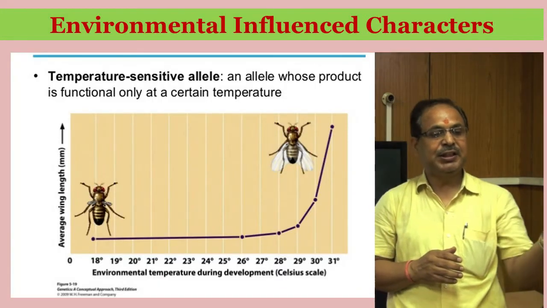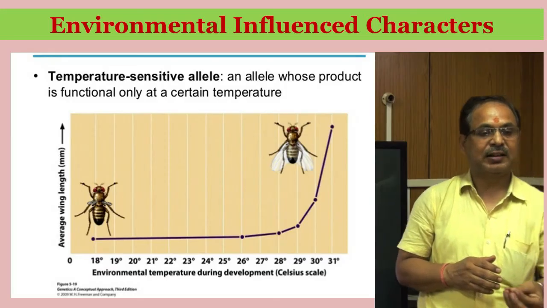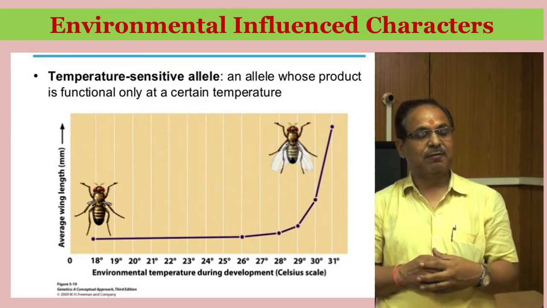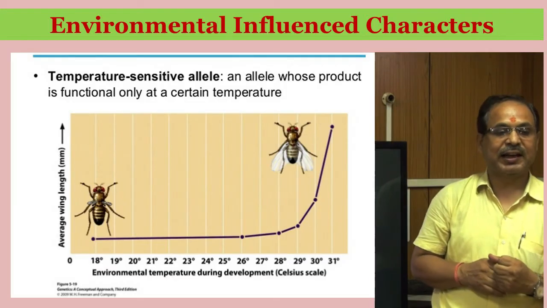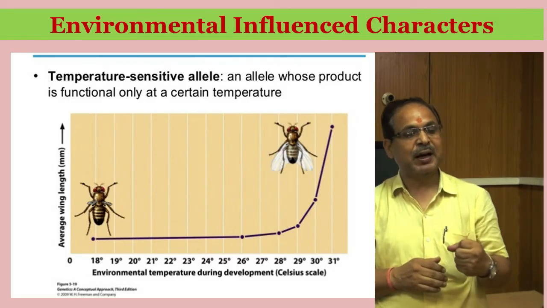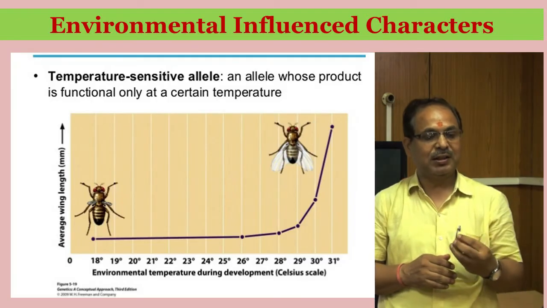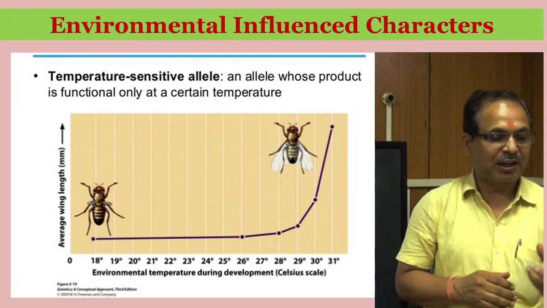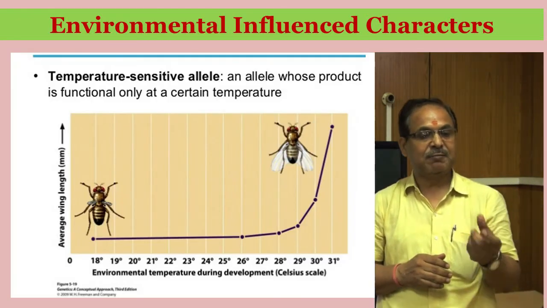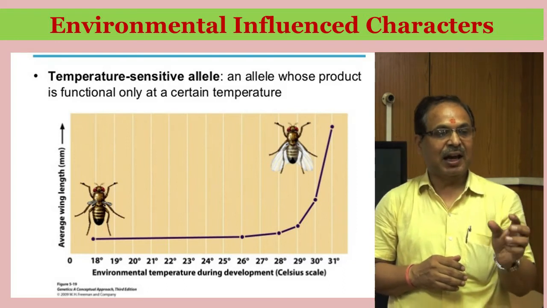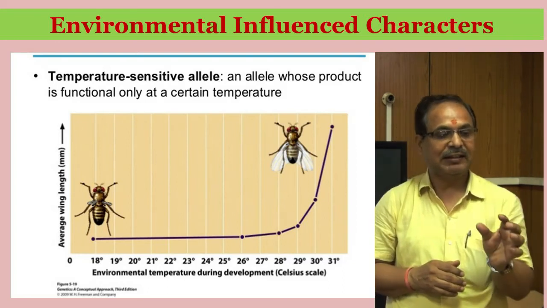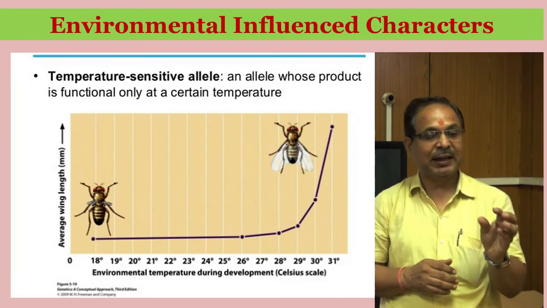In addition to these sex-linked, sex-limited or sex-influenced characters, there are some characters which are influenced by the environment. We can see here that wing length is influenced by the environment, and that too is sensitive to temperature.